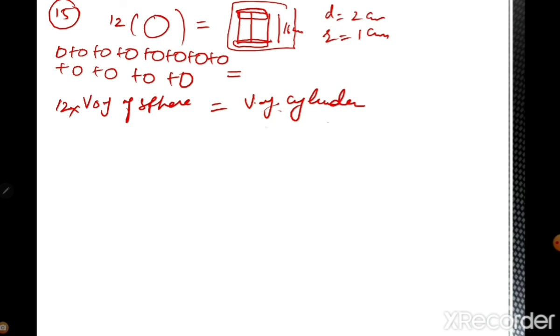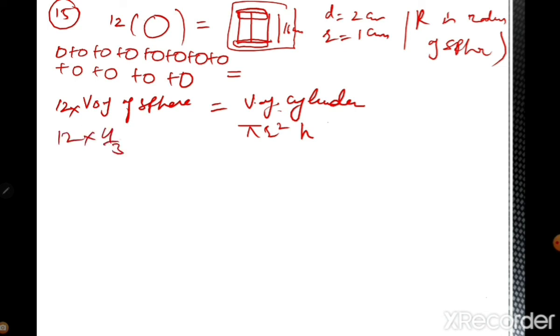What is the formula for cylinder? Volume of cylinder is pi r square h. So if r is the radius of the cylinder, then capital R is the radius of the sphere. Take it different, because we have to find the diameter of the sphere. So 12 into volume of sphere. Volume of sphere is 4 by 3 pi R cube. Now we'll substitute values.